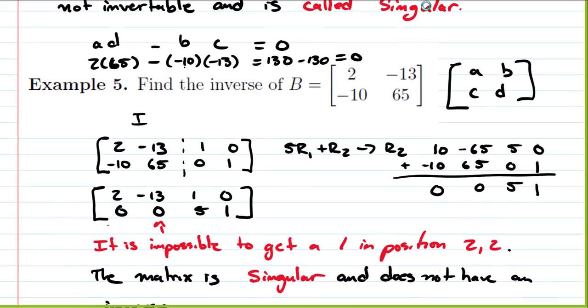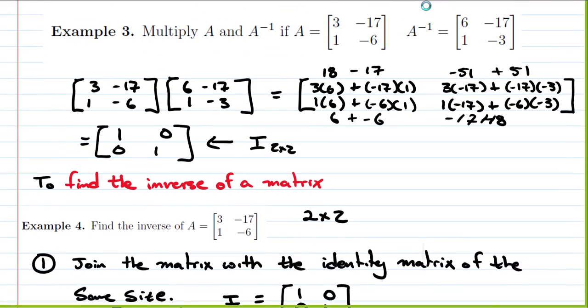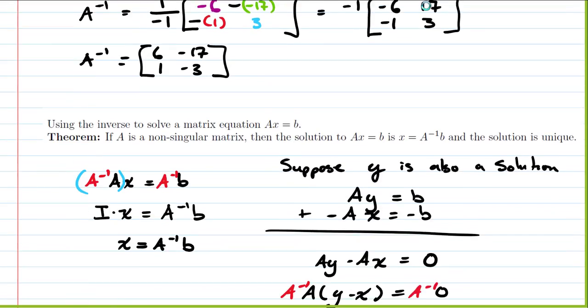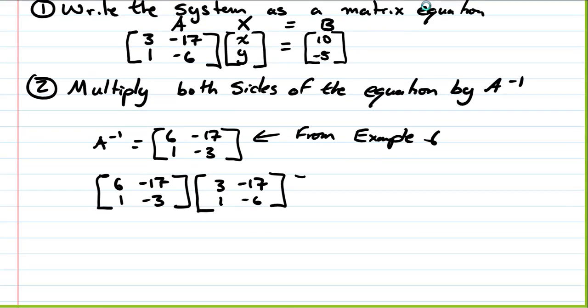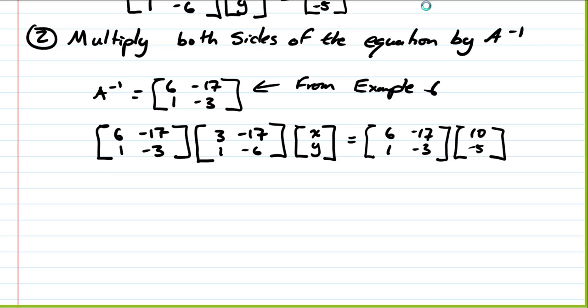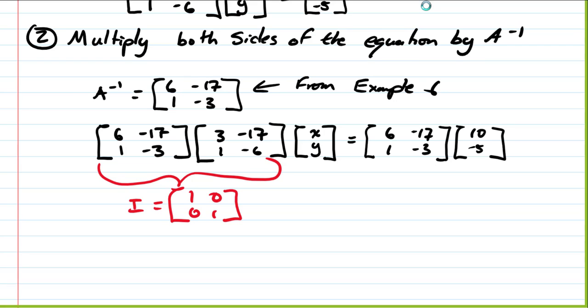And we know from example 3, when we multiplied them together, what did we get? I. So this equals I, or the 2 by 2 identity matrix, and that's by example 3.